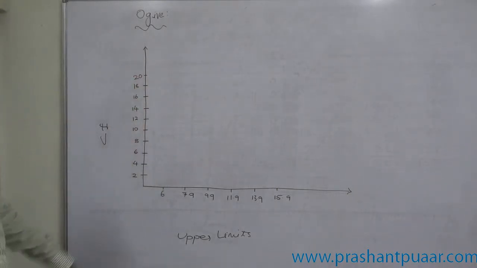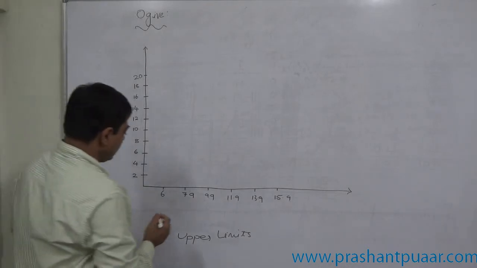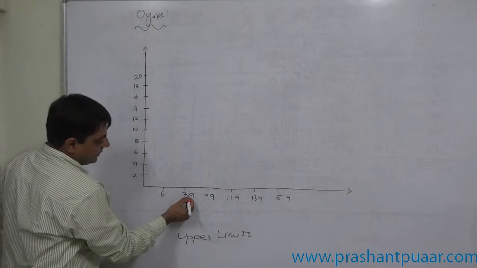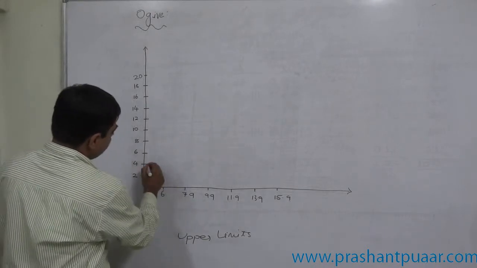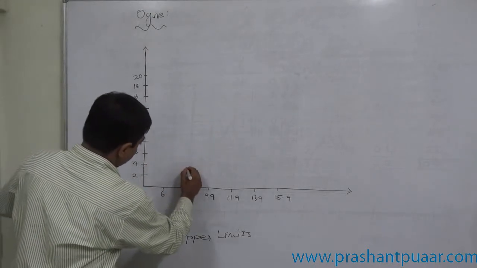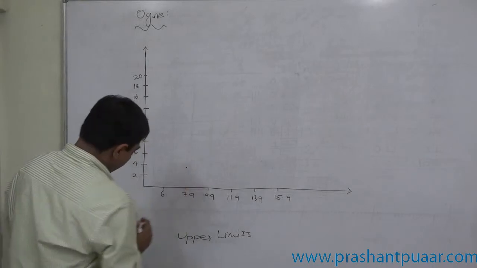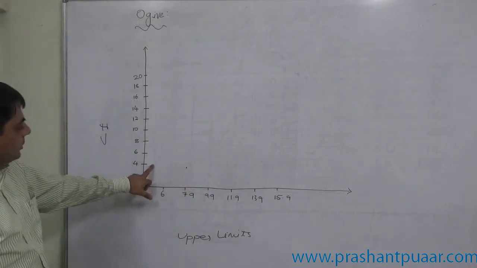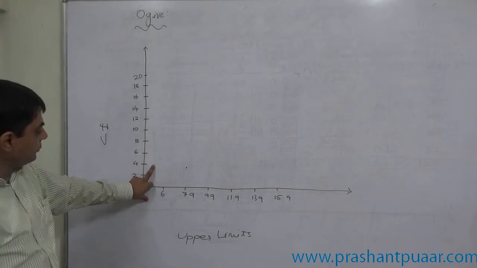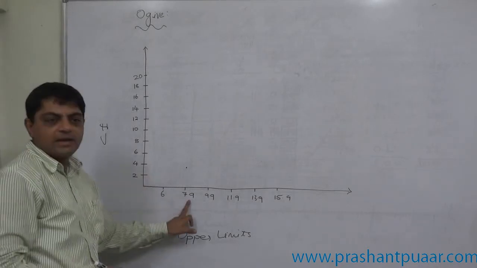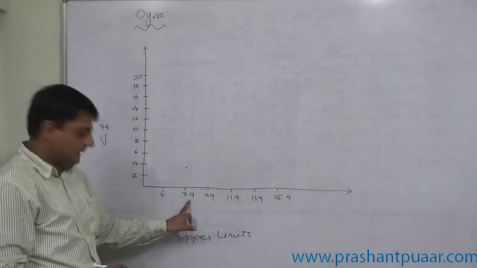Now just plotting of the cumulative frequency with relevant class interval. First upper limit is 7.9 and cumulative frequency against it is 4. What is the interpretation of these 4? Out of 20 data values, 4 data values are less than or equal to 7.9.